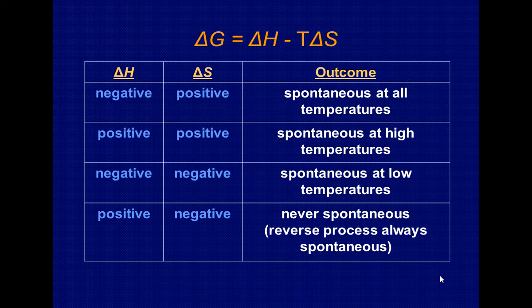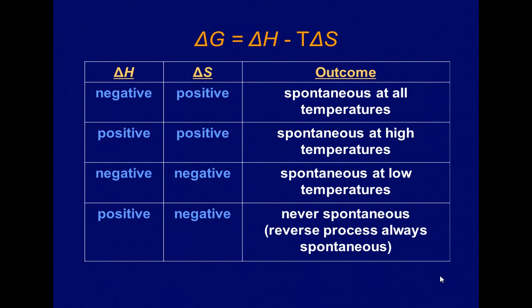So when you have an exothermic reaction, your delta H is negative. And when you have an increase in entropy, that negative T delta S term will also be negative. And in that particular scenario, when you have a negative enthalpy and a positive entropy, you're always going to be spontaneous.